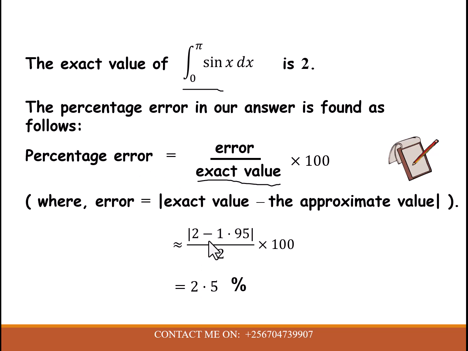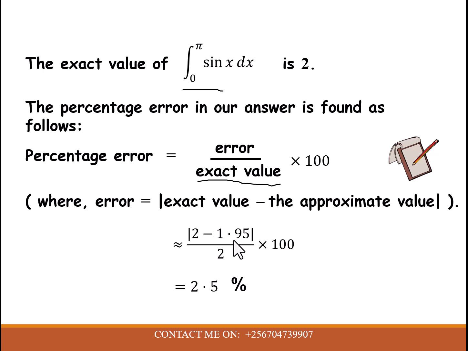And then when we get to minus 1.95, it must be a positive, because these areas, the exact at times can be smaller than the approximate. That is when you over approximate, and sometimes it can be bigger than the approximate when you underestimate. So in this case, we underestimated. Because of underestimation, our exact value is bigger than the approximate value, and our percentage error will be 2.5.